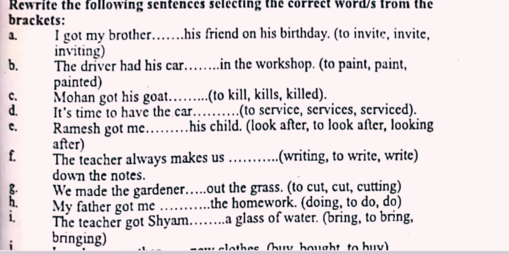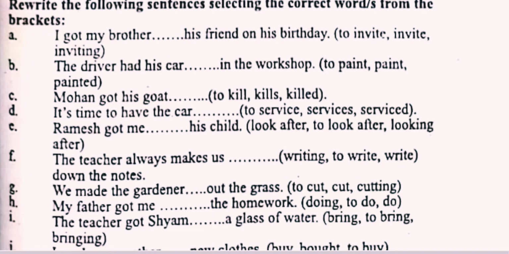See here, number C, Mohan got his goat killed. Killed. Though here it is got, it is not 'to kill'. Why? Mohan is the subject, got is the causative verb, and his goat. Okay, the goat doesn't do anything here. The goat doesn't kill anything. Rather, what happens is that the goat is killed by somebody else. So his goat is the passive one, not the doer of the action.